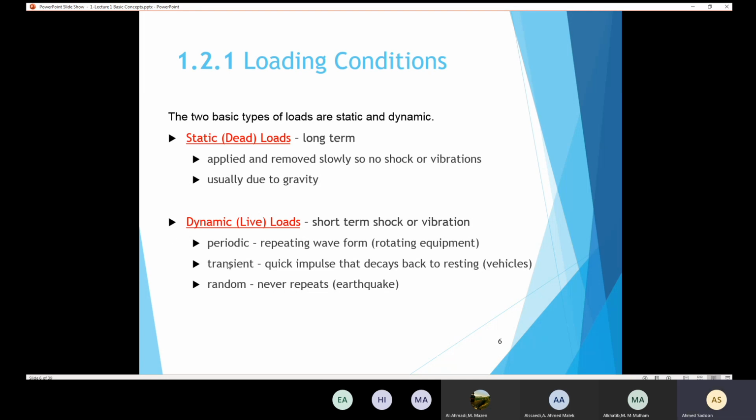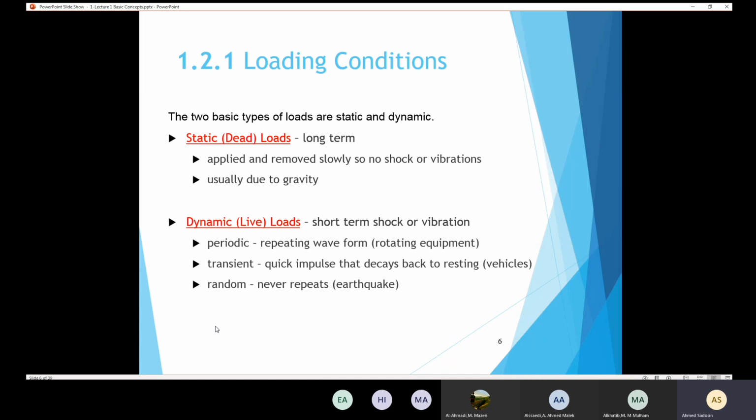The transient load, let's say that you are going to construct a bridge, and in that bridge, a car is going to go through that bridge. So when the car goes through the bridge, that will cause dynamic load.